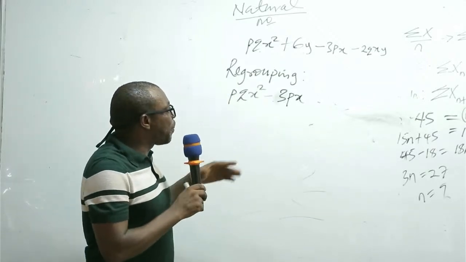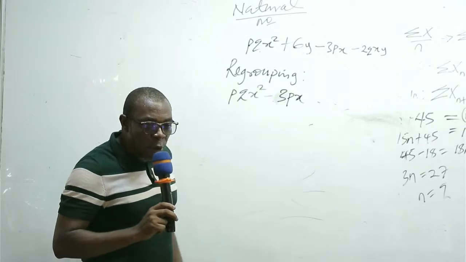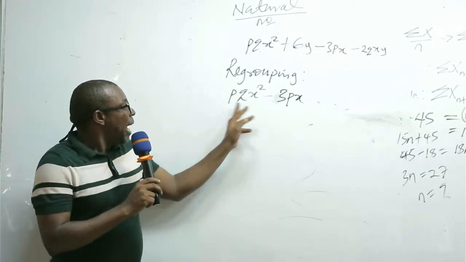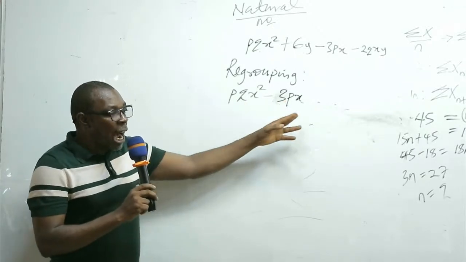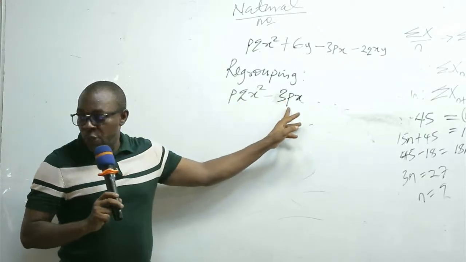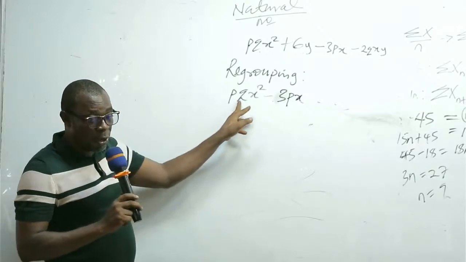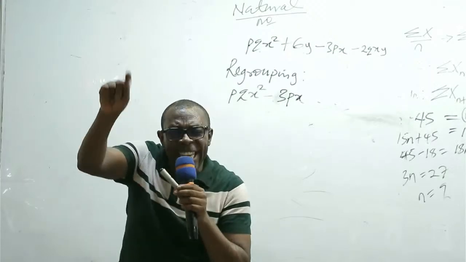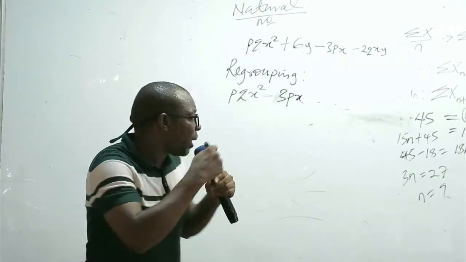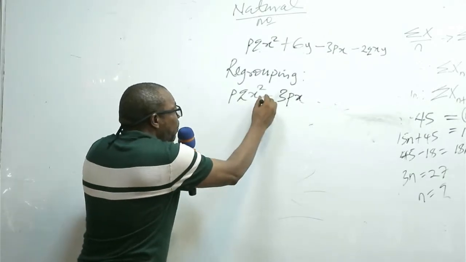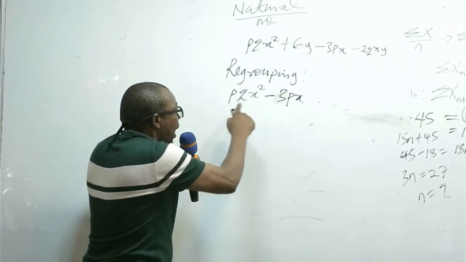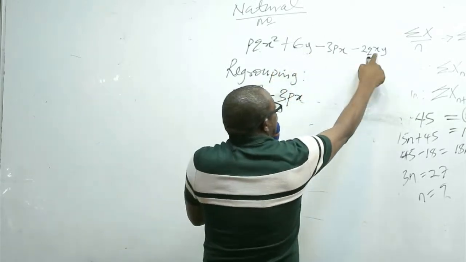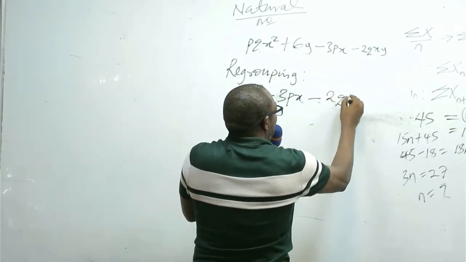Because you just don't bring them together. If I bring, what is common here? p and x. Now, if I bring p and x out, what will be remaining now? q. So, q will come first. Now, what is common in this pair? So, who came first here? q. So, for the ones remaining, q must come first.